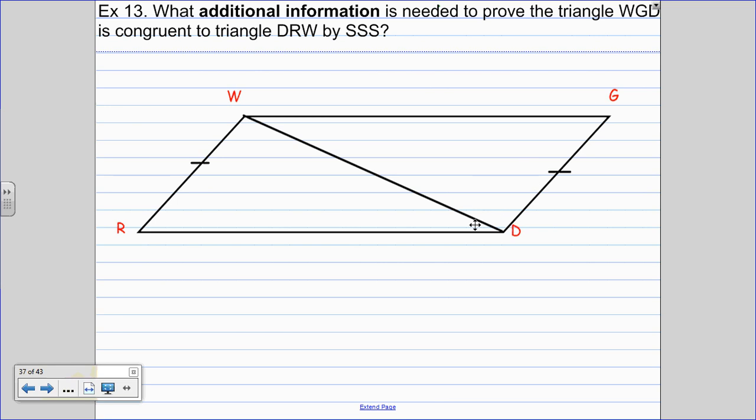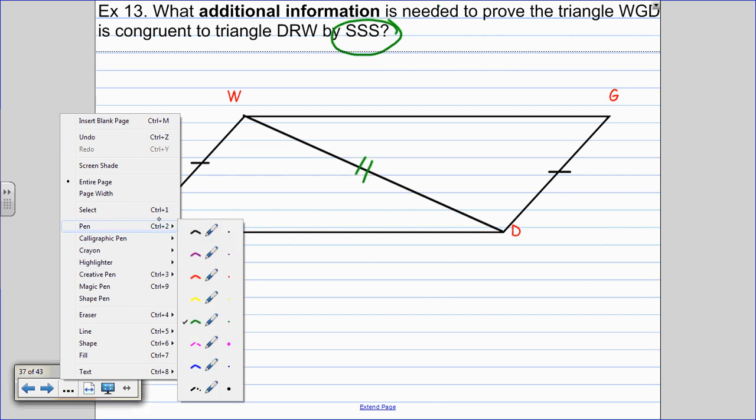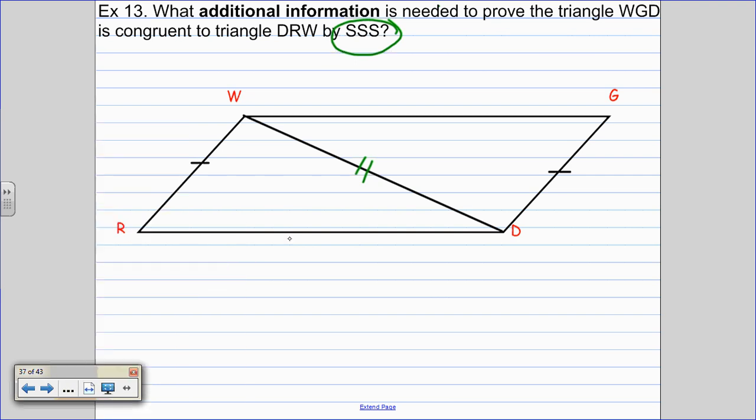You also know that both triangles share WD, so that's another congruent side. So we have two congruent sides. We want to prove it congruent by side, side, side, so we need a third congruent side, which means we would need to know that the other two sides are congruent.